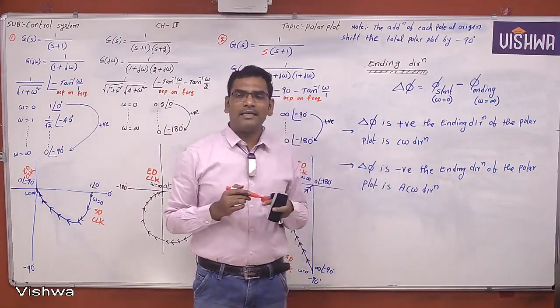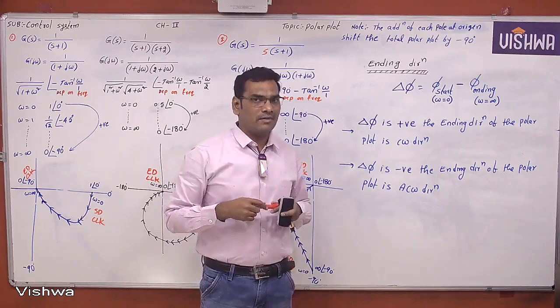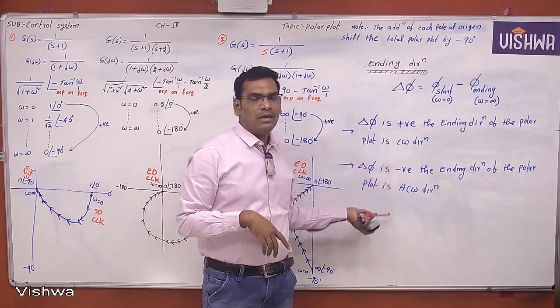So if the phase difference is positive, the ending direction is clockwise. If the phase difference is negative, the ending direction is anti-clockwise. Okay, note down, these are also shortcut methods.